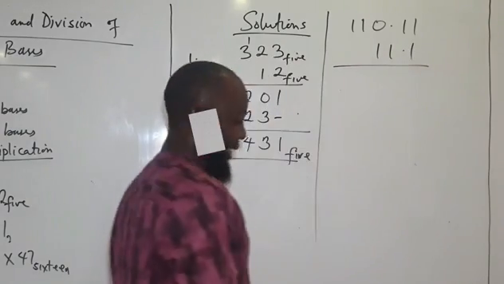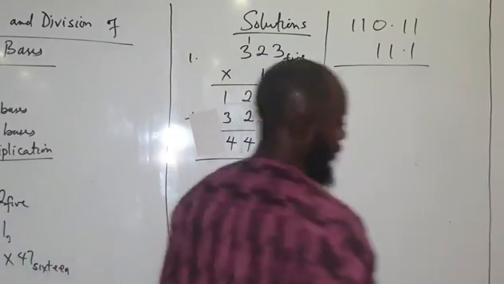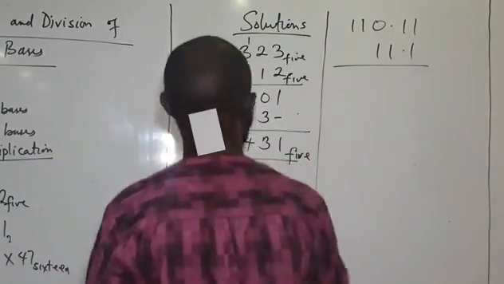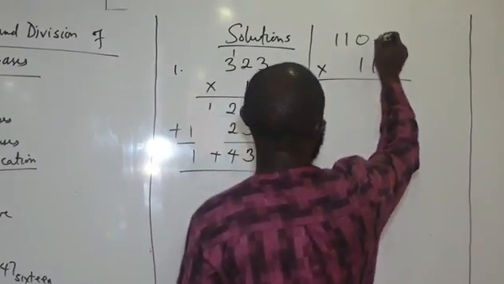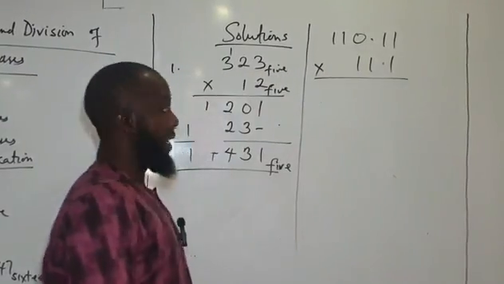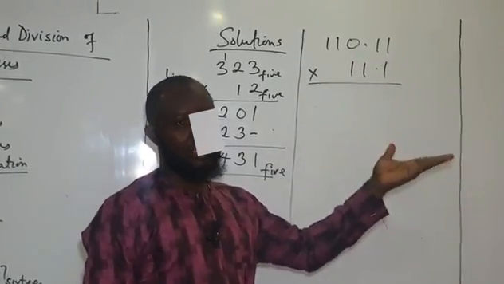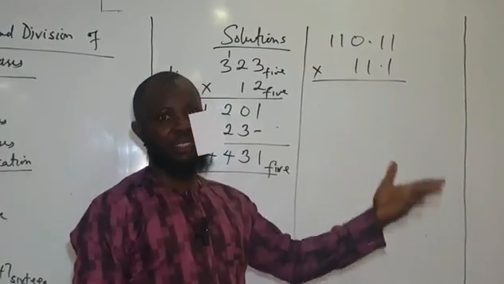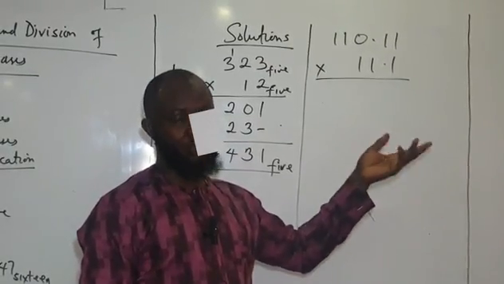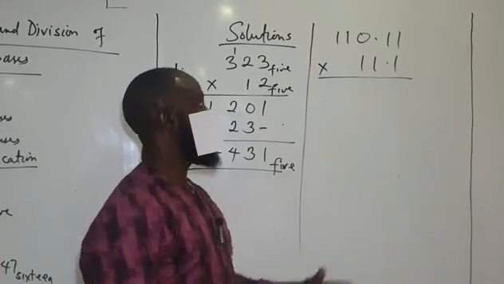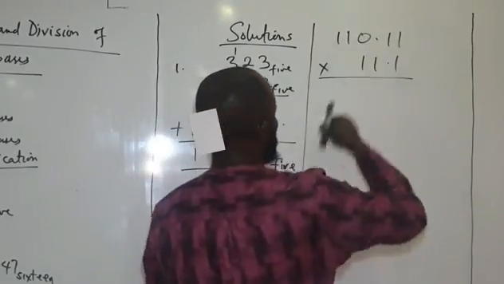Now, in multiplying this, what we're going to do is this. You can see it as bidecimal. Bidecimal means it's like decimal. If you say decimal, that is points in base 10. But points in base 2 is what? Bidecimal, right? So you can see that this one has bidecimal.